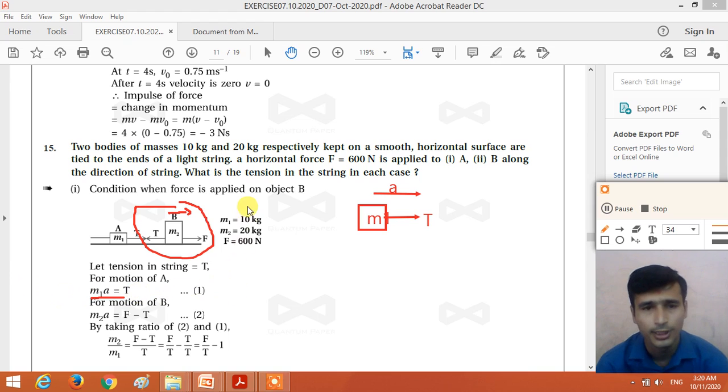If you put M1 equal to 10 kg, we get T is equal to 10 into A. Right? Now consider the free body diagram of the second block. The second block has a mass M2.